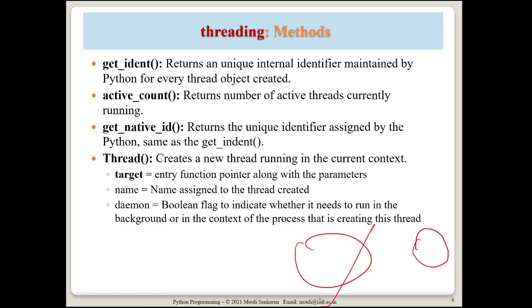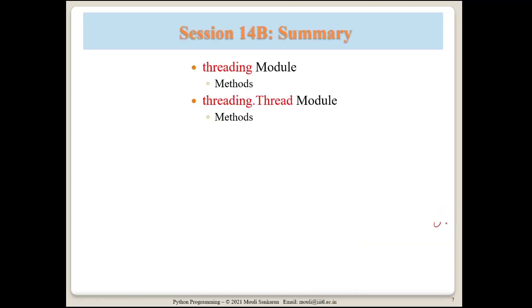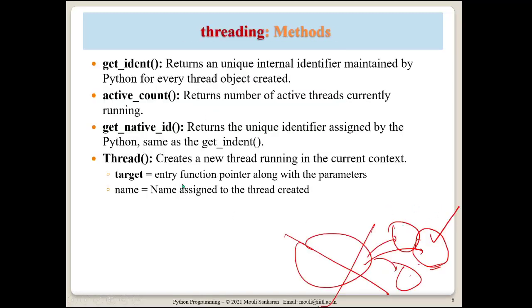Even if the interpreter, which is the process creating the threads, dies, the thread which has been created by it can still run in the background, because it is not linked with this process. So they have a separate life of their own. That is what daemon means.